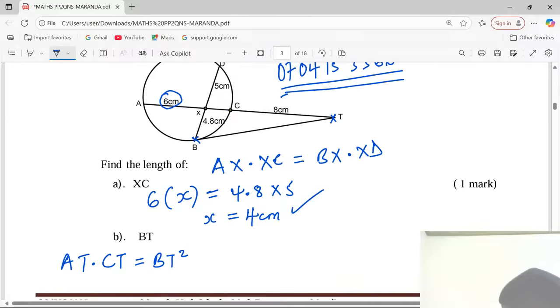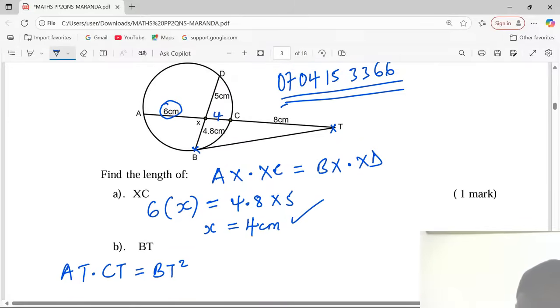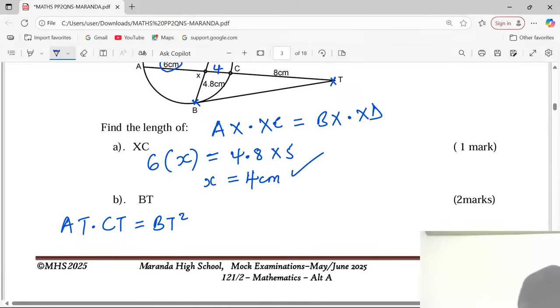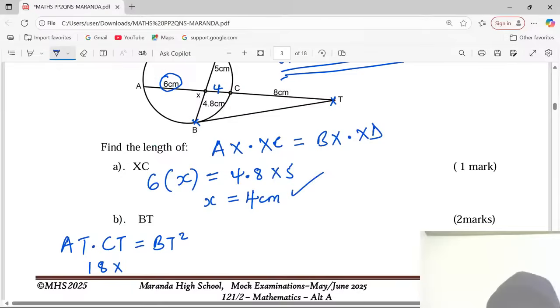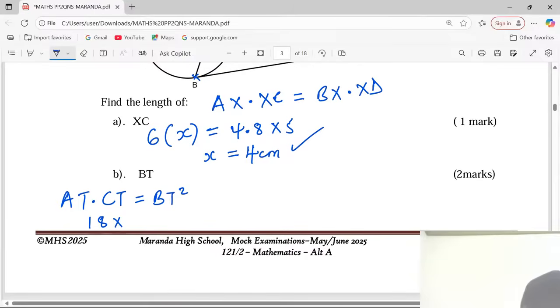AT, remember we've gotten XC as 4 already, so AT equals 6 plus 4, that's 10, plus 8, that's 18. AT is 18 times the outer portion CT, 8, should be the same as the unknown BT squared.